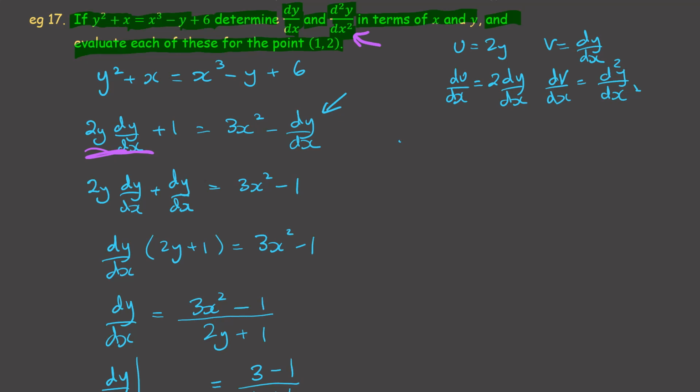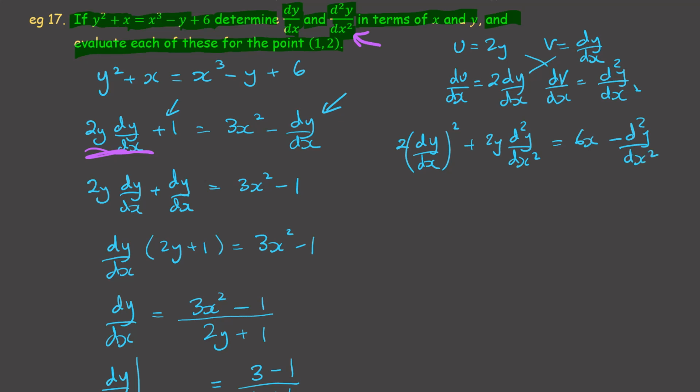So we're going to start with 2 (dy/dx) squared, because we have to multiply that and that. And then we've got plus 2y d²y/dx². The 1 is going to disappear. 3x squared is going to become 6x, and then we've got take away d²y/dx².